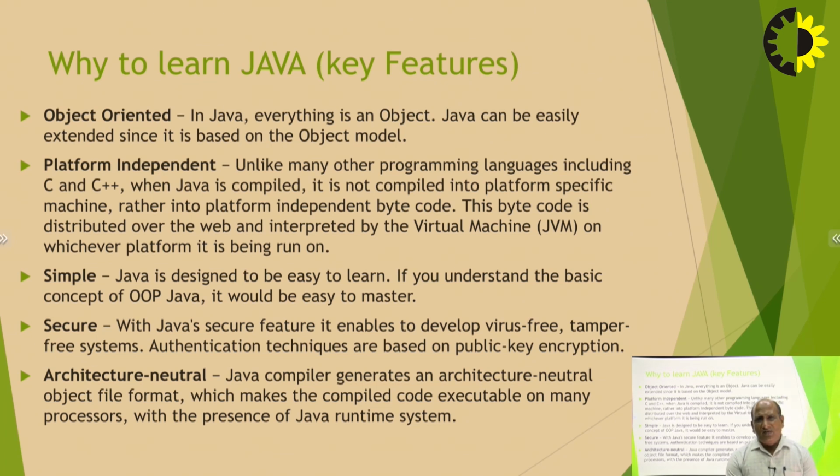But in Java, once the code is compiled, it gives byte code, a highly optimized set of instructions, an intermediate code, that may be understood by any platform that contains a Java virtual machine. So it is a very crucial feature of Java that it is platform independent. It makes it much more broadly usable.